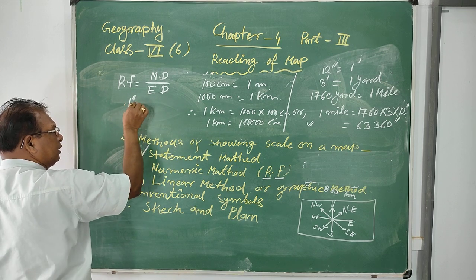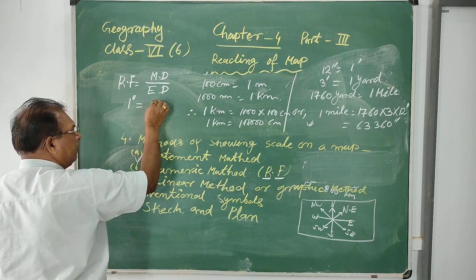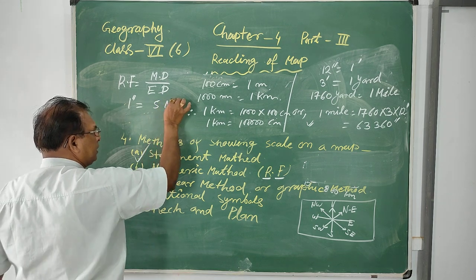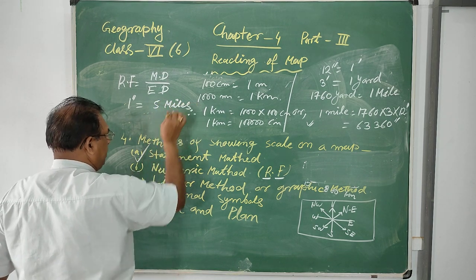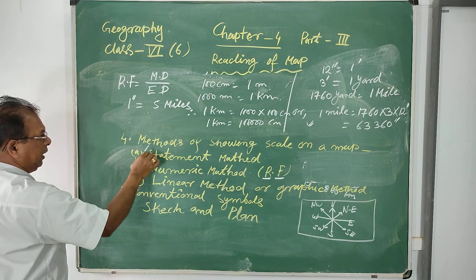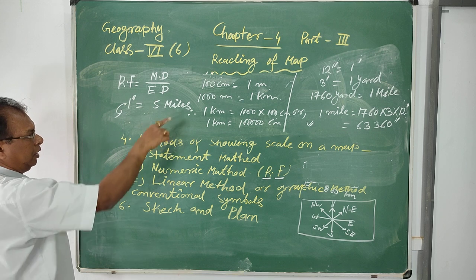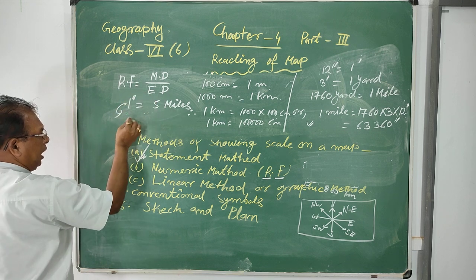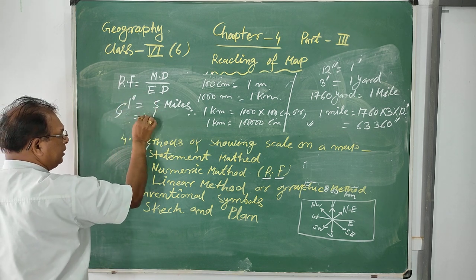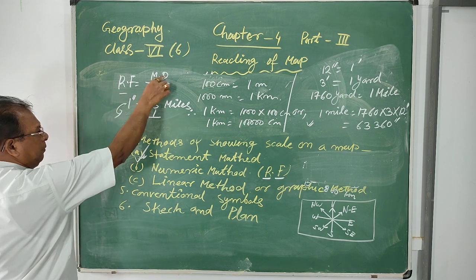Suppose you are given 1 inch is equal to 5 miles. This is the statement method. If you convert it into RF, RF is equal to MD by ED.